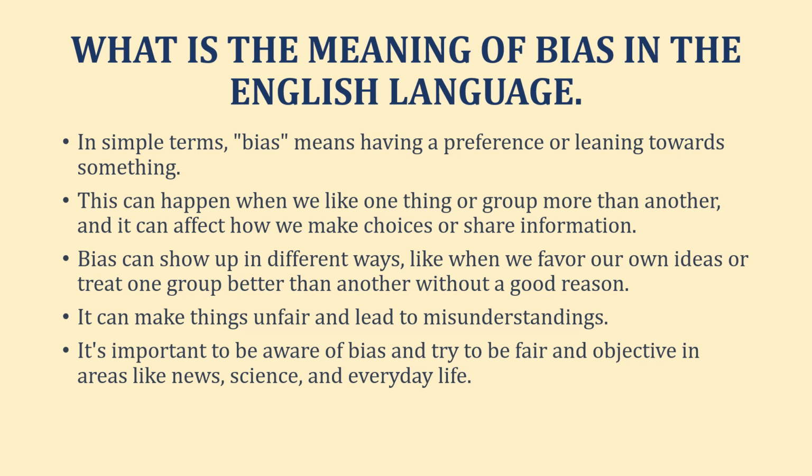Bias can show up in different ways, like when we favor our own ideas or treat one group better than another without a good reason. It can make things unfair and lead to misunderstandings. It's important to be aware of bias and try to be fair and objective in areas especially like news, science, and also in everyday life.